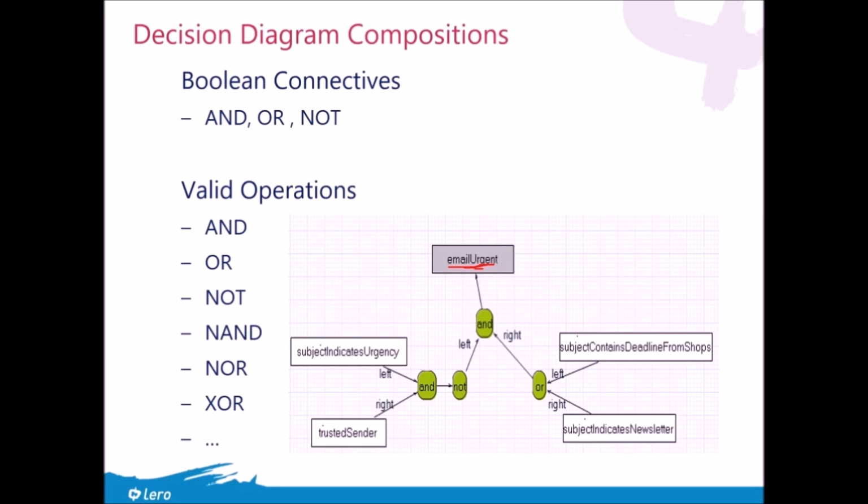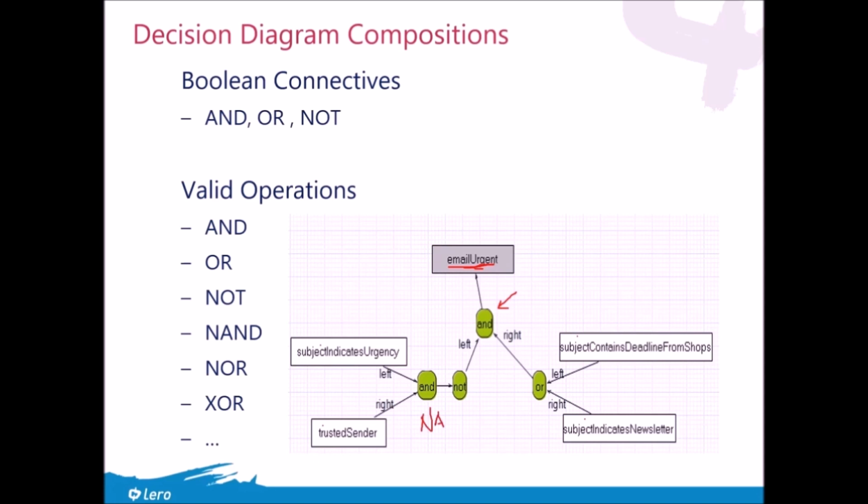And our valid operations between the Boolean decision diagrams, again, is and, or, not, NAND, NOR, XOR, etc. In this example, we are connected to the root using an AND connective. It could easily also be an OR connective, or in rare cases, a NOT connective.